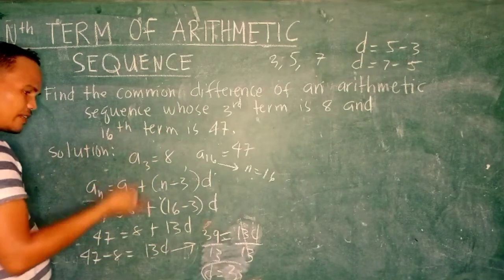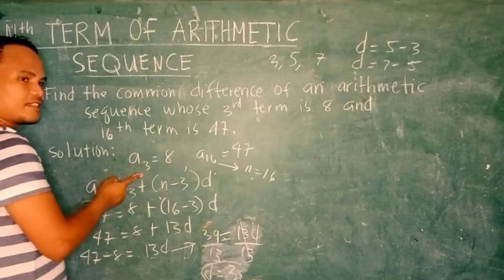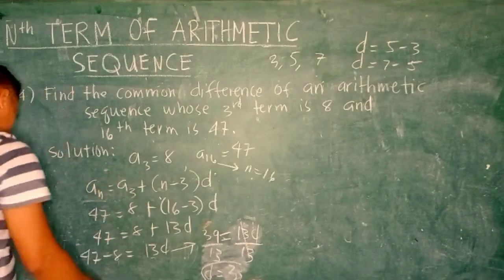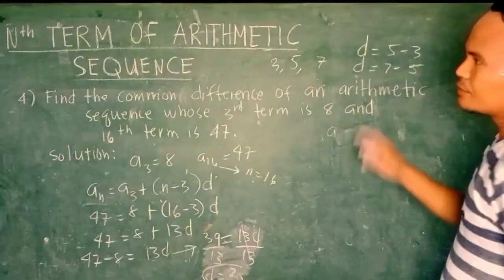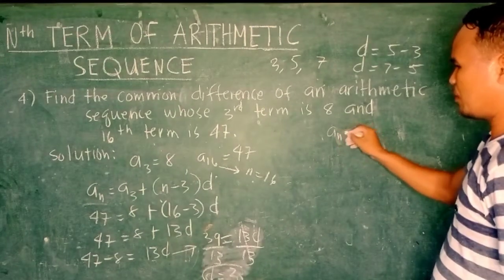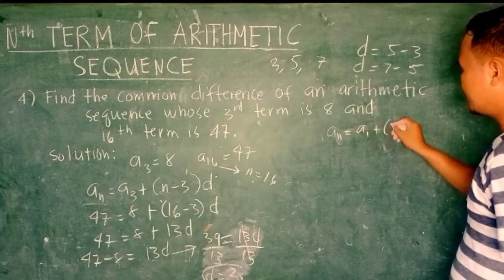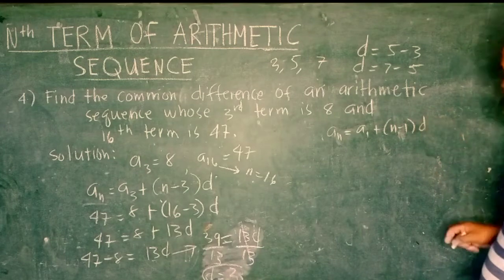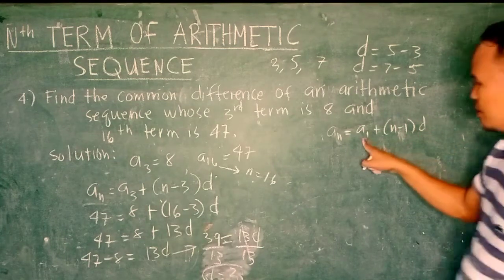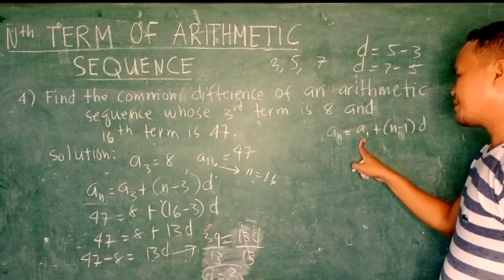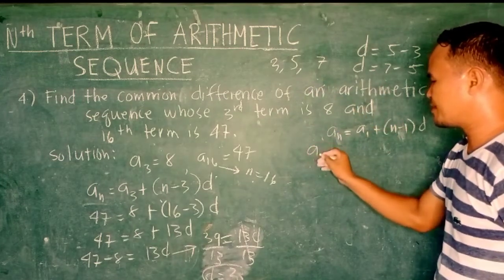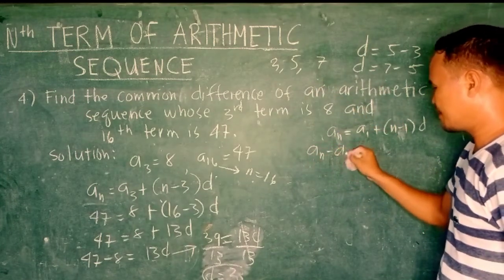From A sub 1 to A sub 3, since the given is A sub 3. Now, the formula: A sub n equals A sub 1 plus n minus 1 times D. If we solve for D, transpose A sub 1 to the left side, this will become A sub n minus A sub 1.